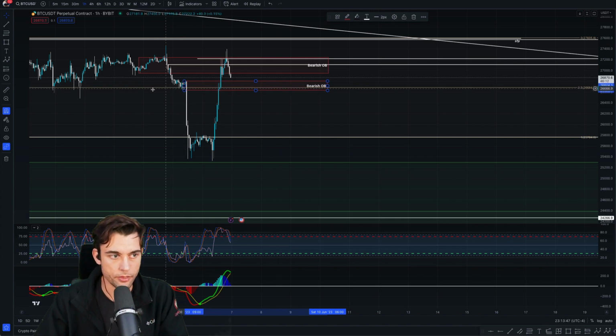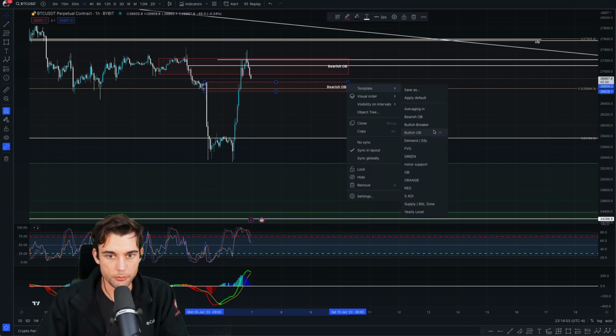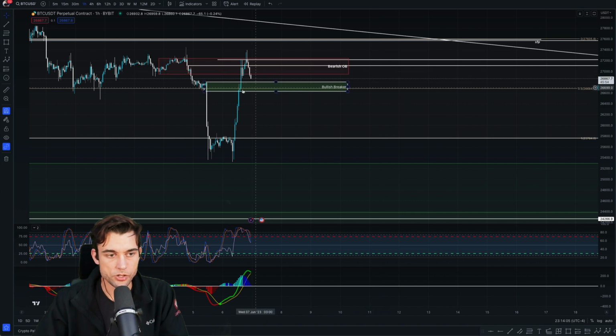This was because technically speaking, this was the up move before the down move that broke the market structure on the 1 hour chart. So this was the bearish order block, and now that we busted right through it, this became a bullish breaker. So where's my little thing? This could do something like this.